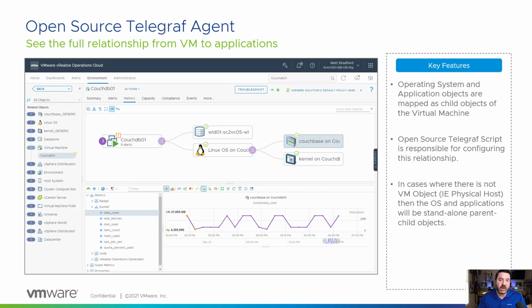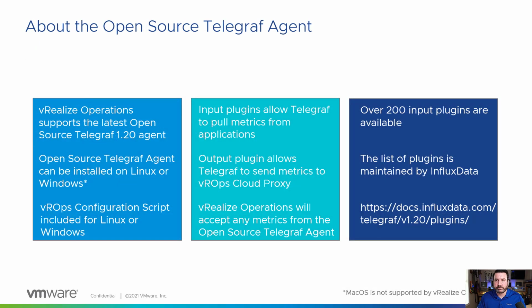You'll just have a guest OS object sitting in vRealize Operations, but then we can still go into the application, which is a child object of that, and so forth. So just want to call out that physical boxes will basically be standalone items within vRealize Operations. But the open source Telegraf Agent does give you a lot more flexibility as far as being able to monitor applications on physical servers. So just keep that in mind.